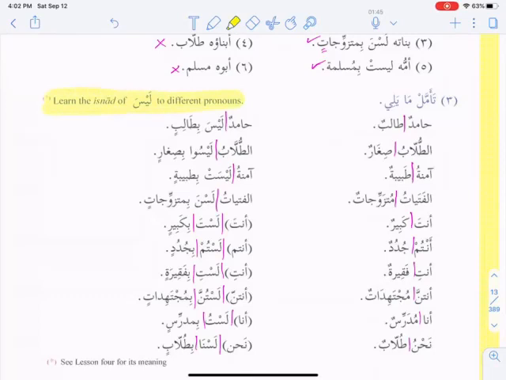Now, I won't at this stage analyze Laysa. It may cause you a little complication, but we'll do it in the next lesson, inshallah. Right now, you can just say here, Hamidun Talibun. Hamid is a student. Then you say Hamidun Laysa bi Talibin.